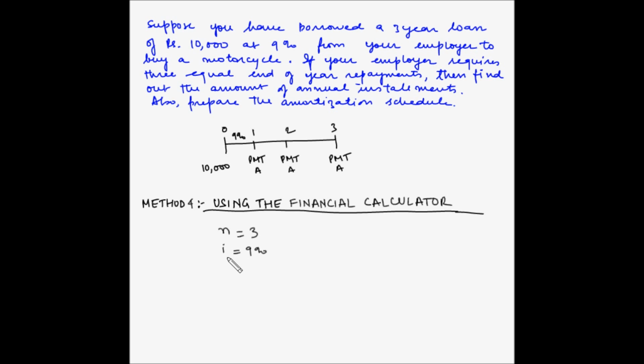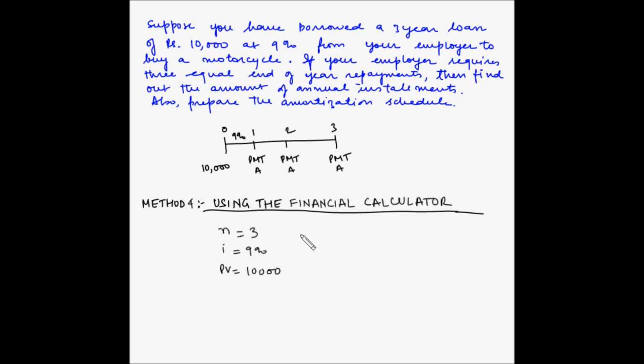Now while we used the value of I in the formulas, we were dividing 9 by 100, so we were using I as equal to 0.09. However, while using the financial calculator, we have to use the value as 9 itself. The present value is 10,000.